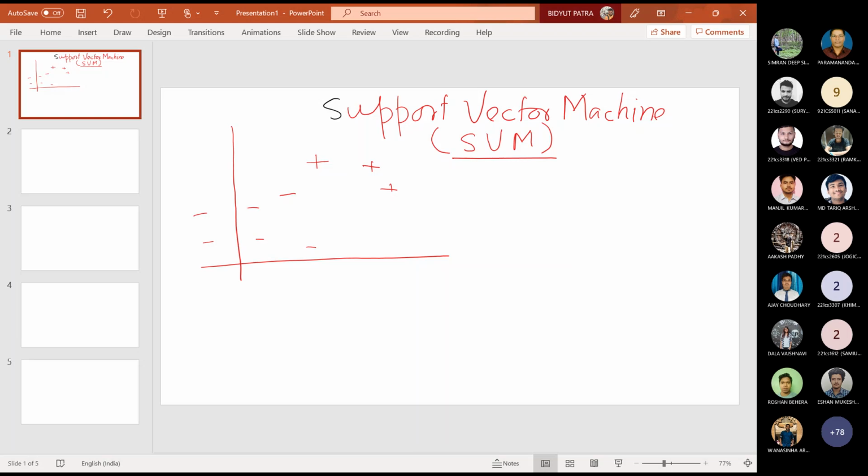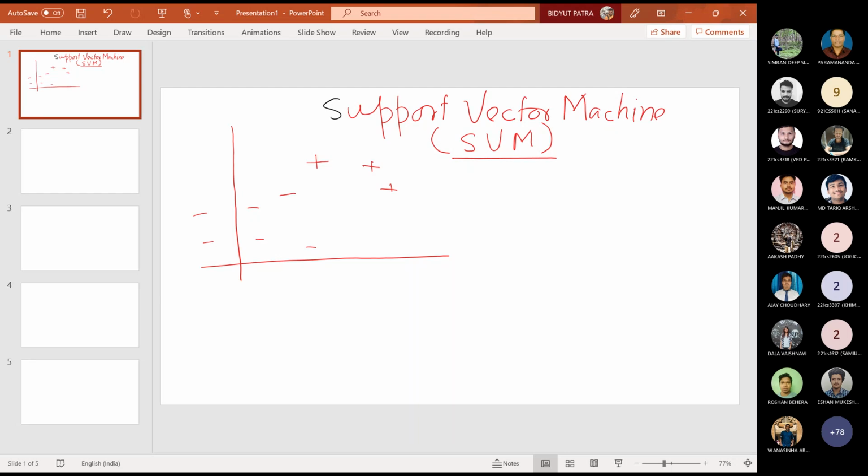Now essentially, if you go for any classification technique you learned, either a decision tree or Bayes classifier or maybe KNN, or a distance based classifier, essentially it wants to create a decision boundary.